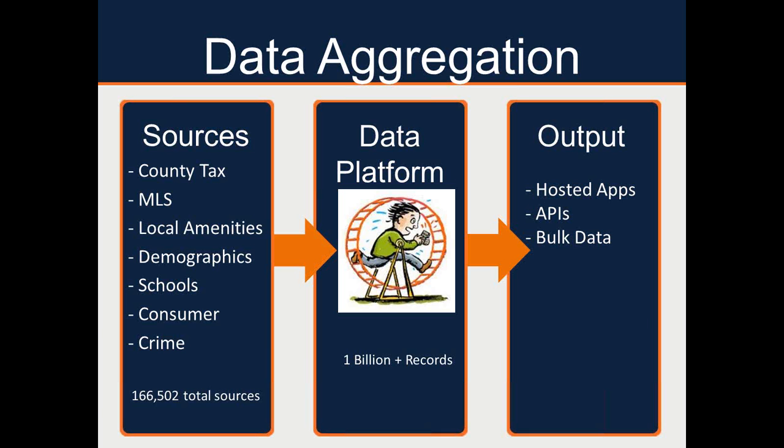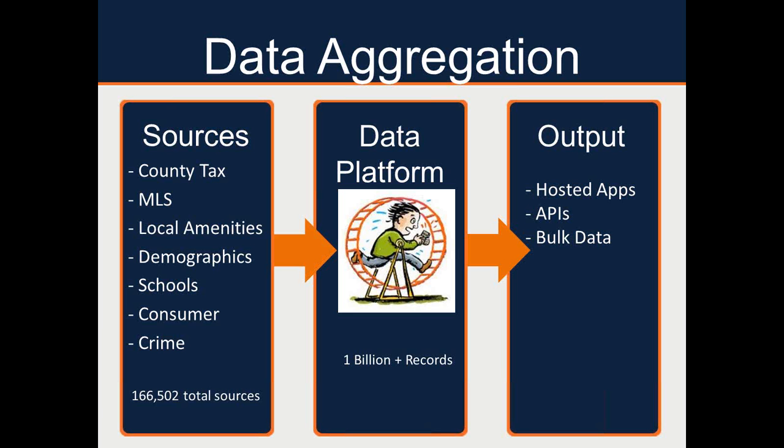We have demographics data, census data certainly, and beyond that. School information, and we have consumer expenditure and behavior information, crime statistics. All told, we have 166,502 data sources that we go out and collect throughout the year.